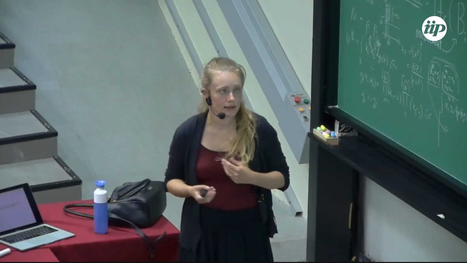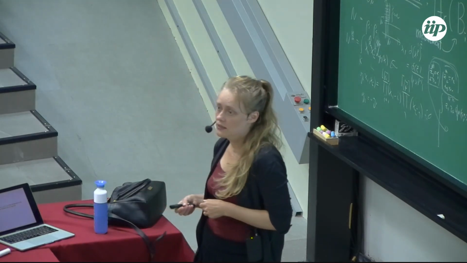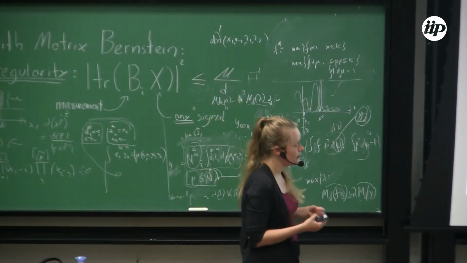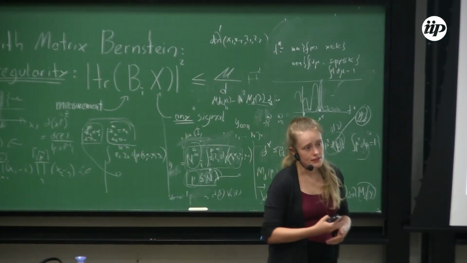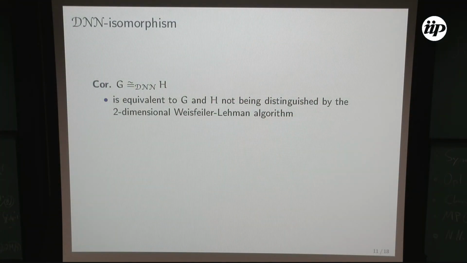We get that DNN-isomorphism of two graphs is equivalent to the graphs not being distinguished by the two-dimensional Weisfeiler-Lehman algorithm. This is a family of algorithms. For every dimension, you get a Weisfeiler-Lehman algorithm, and if you fix the dimension, then they run in polynomial time.